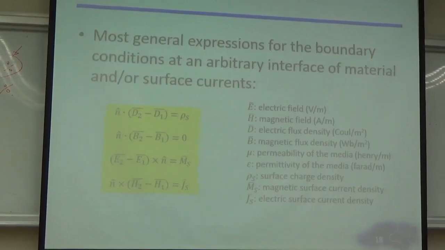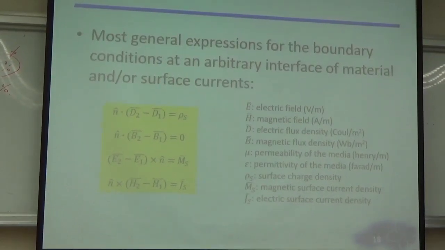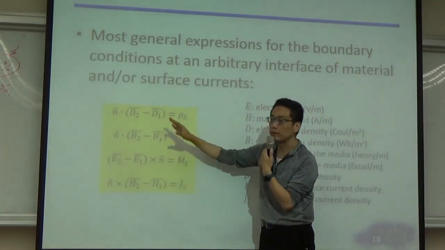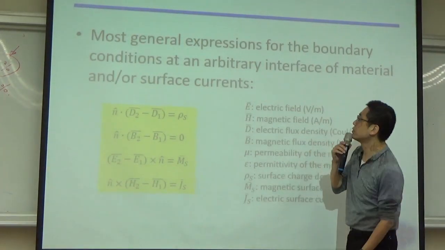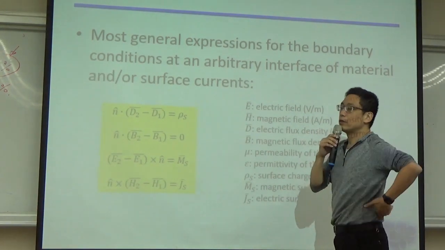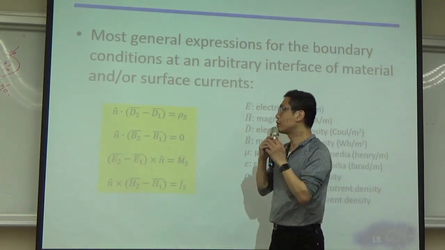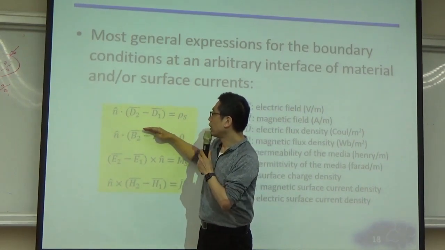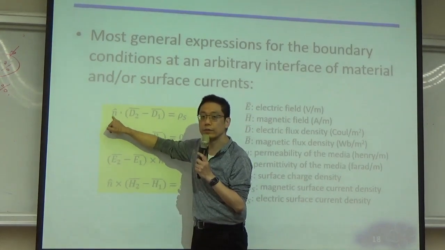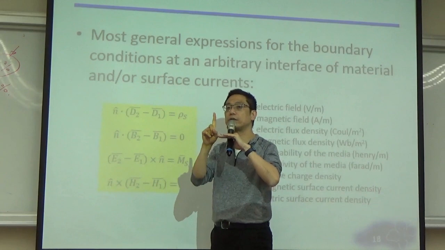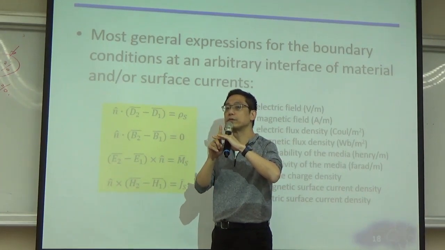So, finally we can obtain 4 general expressions of the boundary conditions. Those are the results we obtain from the previous 2 pages. So, in summary, for this one, n dot, right? N is a direction perpendicular to your surface.